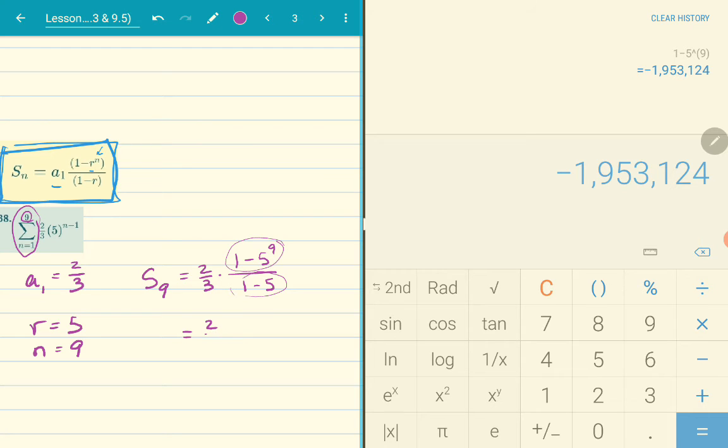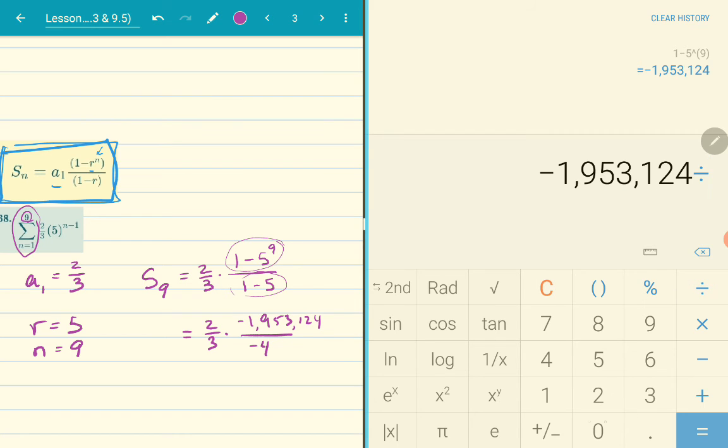So now I have 2/3 times that, and 1 minus 5 is -4. So I'll take that and divide it by -4, which gives me 488 to 81.